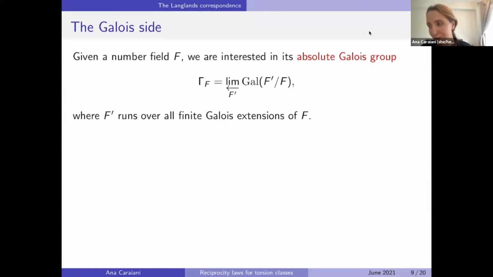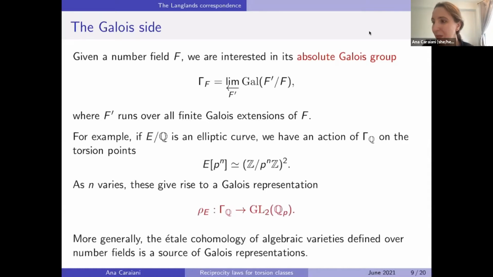So given a number field, we're interested in its absolute Galois group, which is the inverse limit of the Galois groups of all the finite Galois extensions of your field. So this will see the automorphisms. For instance, if F is Q, this will see all the symmetries of algebraic numbers. And it's quite a complicated group.